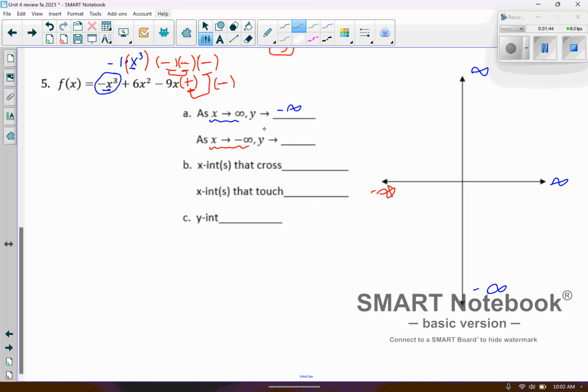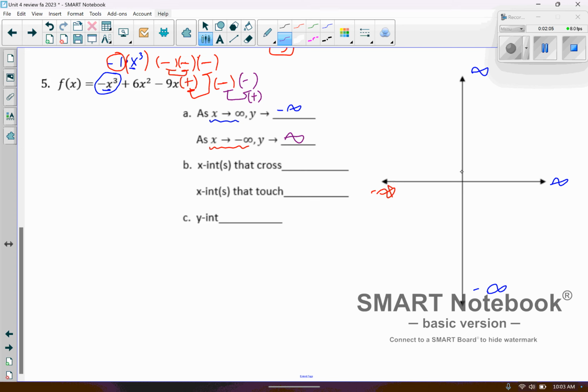So I end up with a negative number, but we're multiplying it by a negative 1 on the outside, so you multiply it by a negative number one more time, and when they multiply together, it results in a positive. So this is going to go towards positive infinity right here.